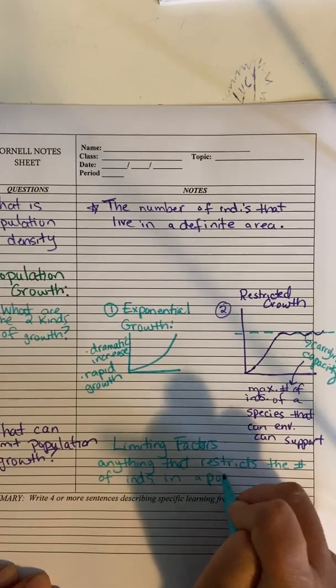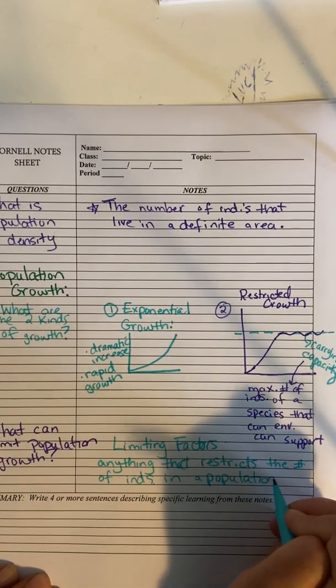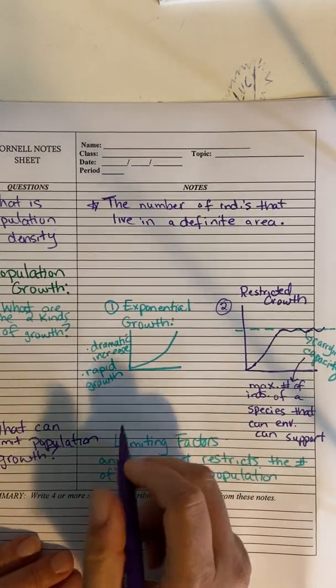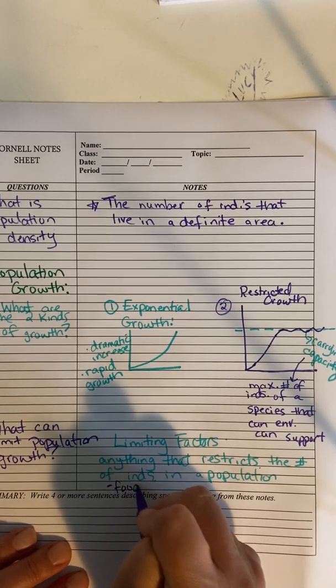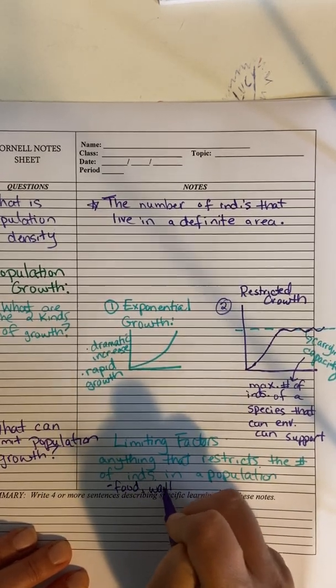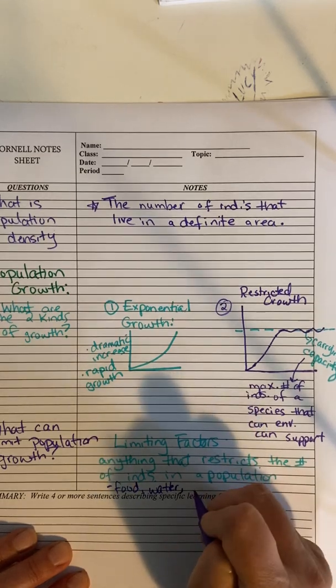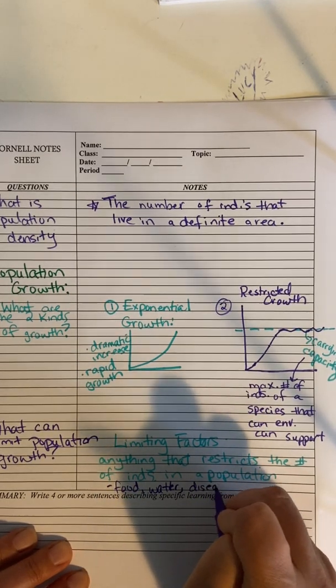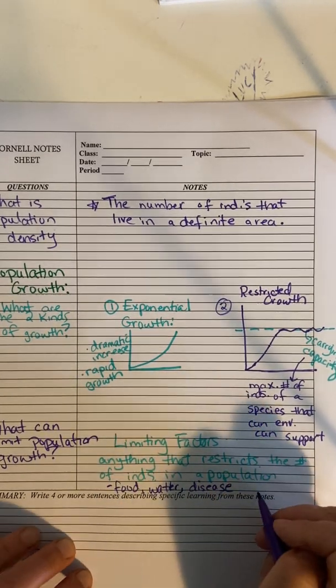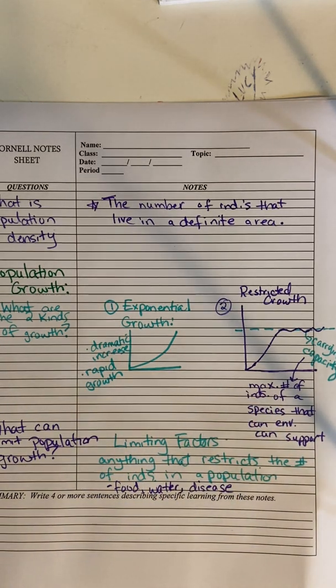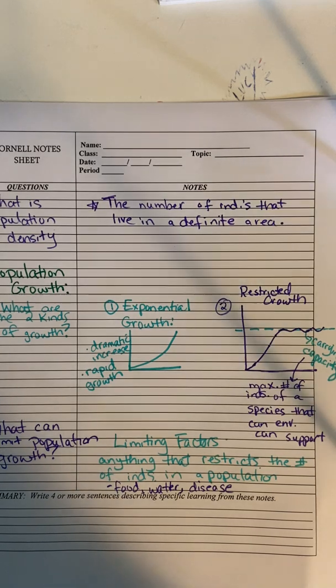So what are some limiting factors in a population? Well, it's your classic, everything you need, your food, your water, your shelter. But it can also be disease that sweeps through a population. Honeybees, we talked about those last week. They think it might be a fungus. They're not exactly sure what's causing the decline in the honeybees.